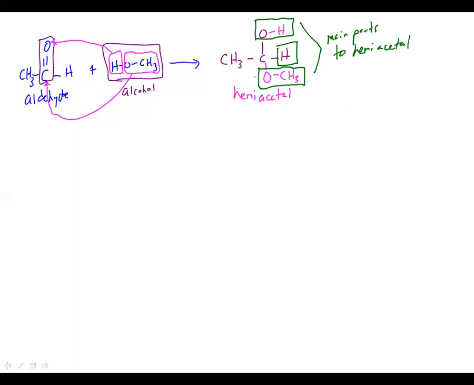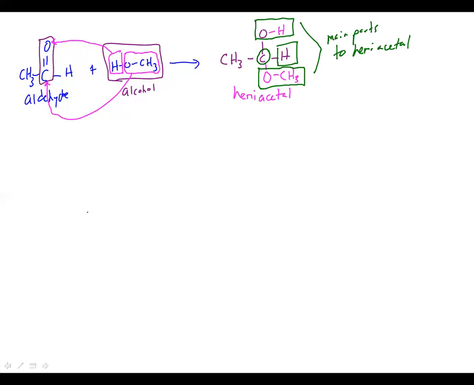So if you see something where you have this carbon in the middle, and it has attached to it directly an H, an oxygen carbon group, and the OH, that is what we commonly refer to as a hemiacetal.